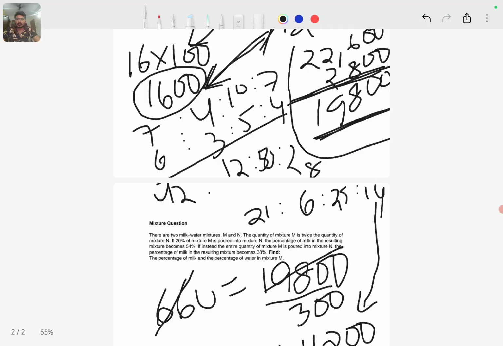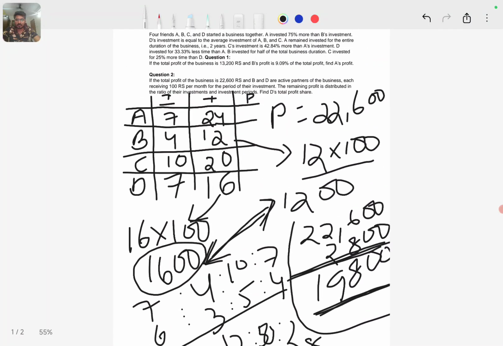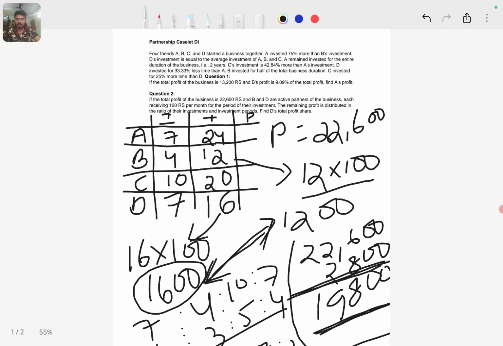So I am hoping that you got the complete understanding of this partnership Caselet DI. First we need to find the investment time ratio, so that we will get the profit ratio. In each individual question, profits are different and the question is also different.